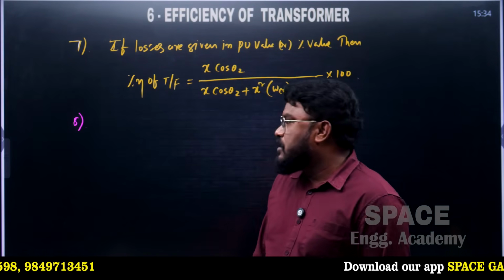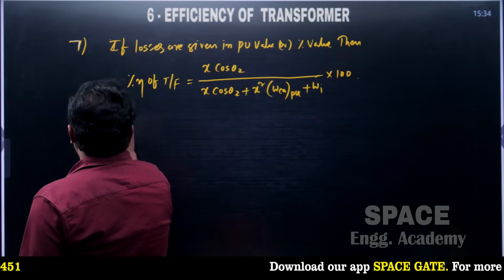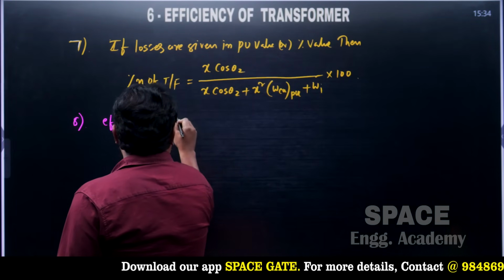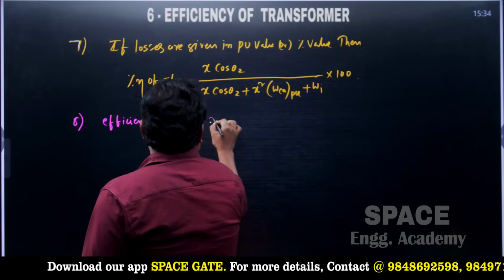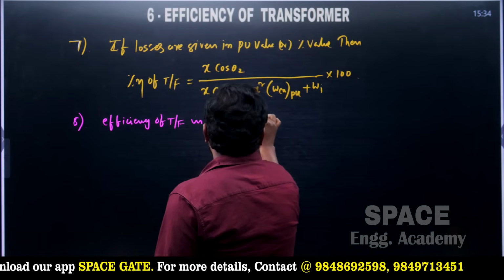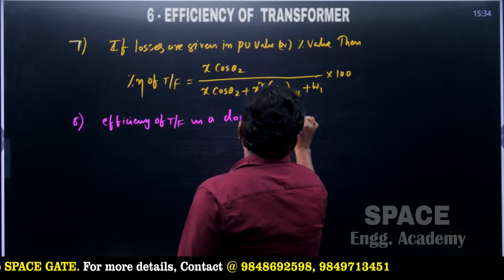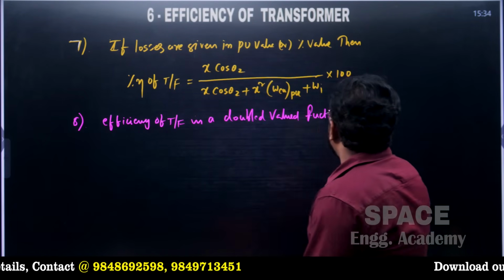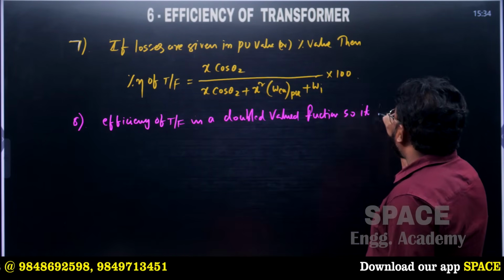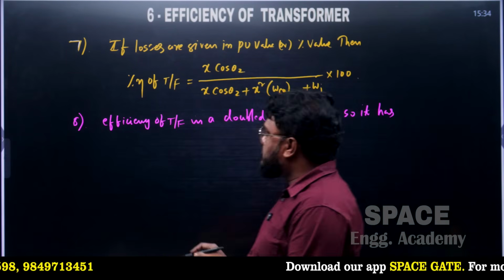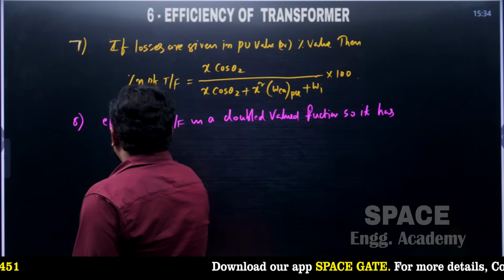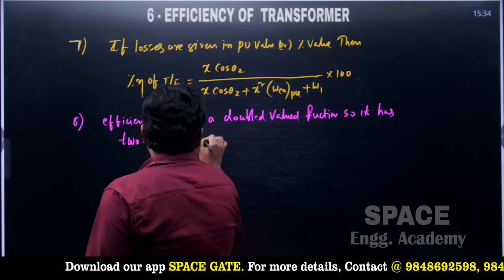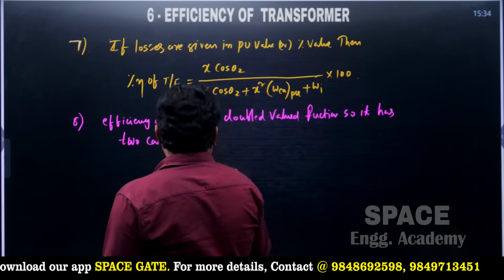The efficiency of the transformer is a double valued function, so it has two conditions to get maximum efficiency.